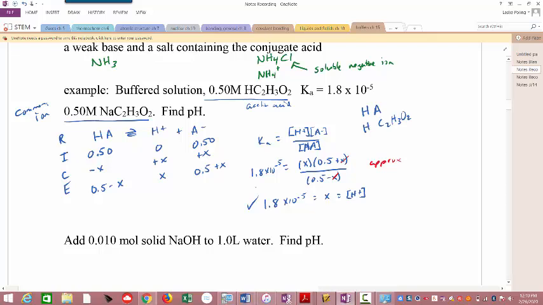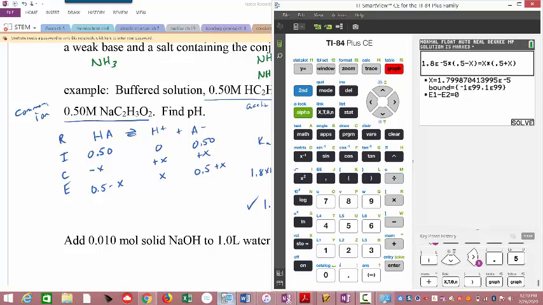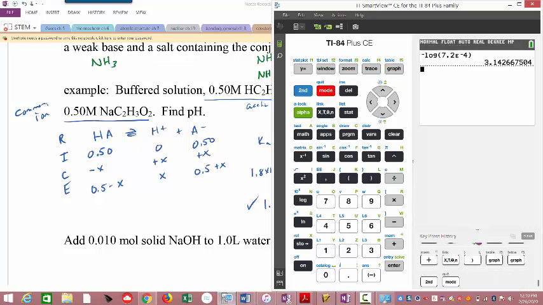So we want the pH of that, so we need our calculator again. Get to my regular screen. Negative log 1.8 times 10 to the minus 5, and I have that our pH is 4.74.